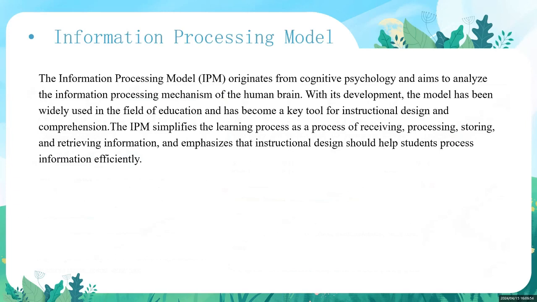With its development, the model has been widely used in the field of education and has become a key tool for instructional design and comprehension. The IPM simplifies the learning process as a process of receiving, processing, storing, and retrieving information, and emphasizes that instructional design should help students process information effectively.